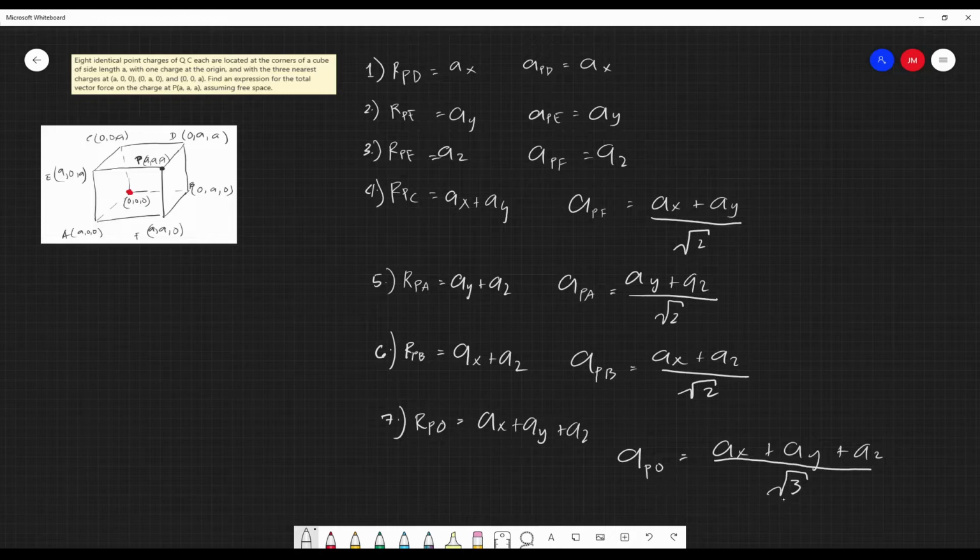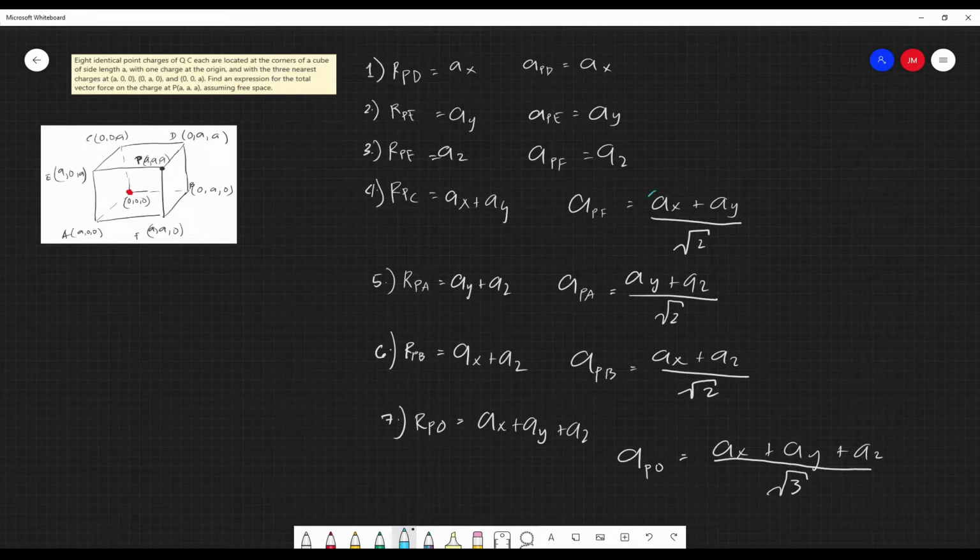So here are the distances and the unit vectors. Before we proceed, let's combine 4, 5, and 6 together so it won't be that confusing.